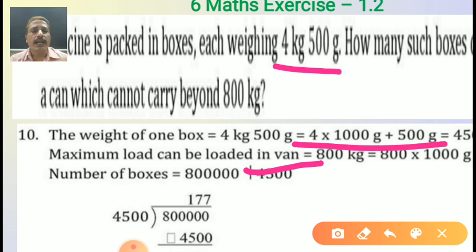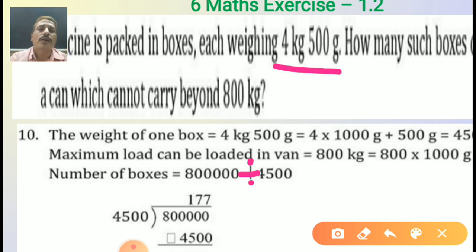Good. Same way, 800 kilogram means 800 multiplied by 1000, that's 8 lakh. 8 lakh divided by 4500.